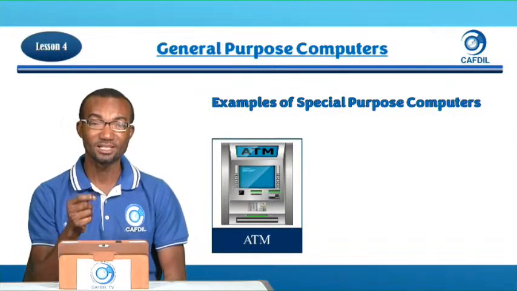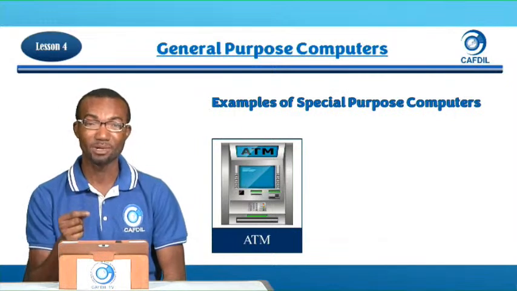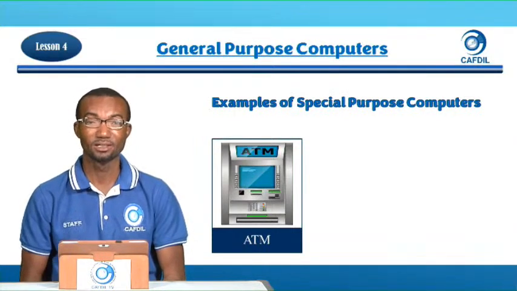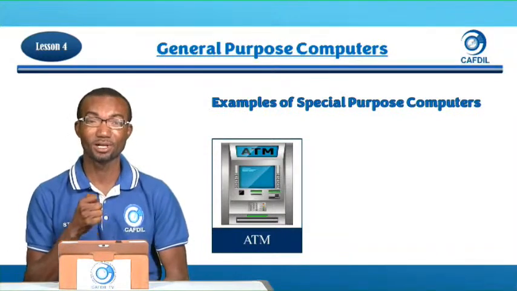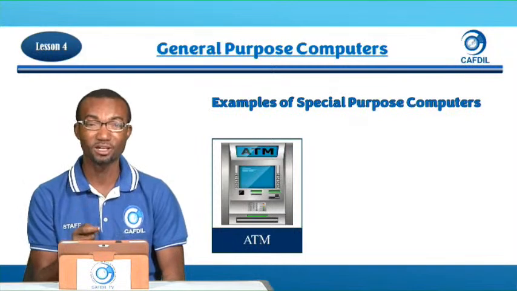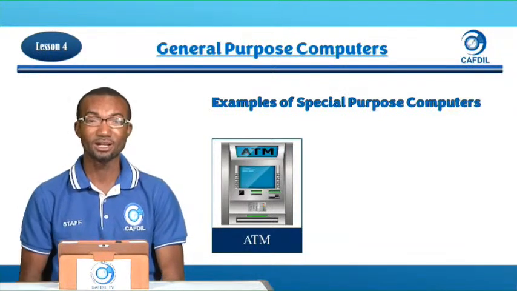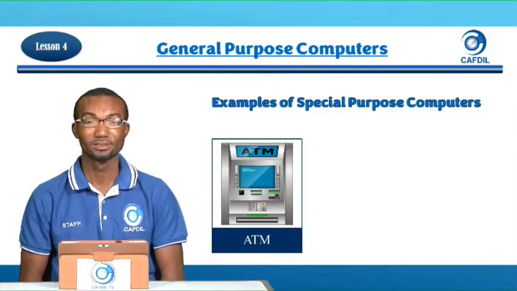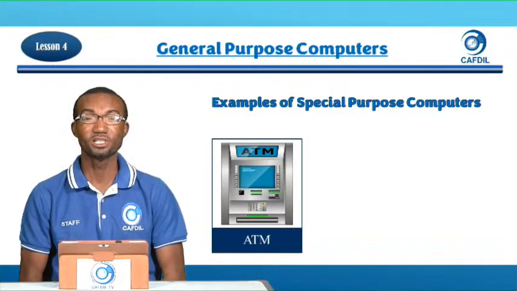Apart from using this ATM, that is automated teller machine, to receive money, there are other ATMs that you can deposit money. So apart from using this to deposit money or receiving money, it cannot be used for any other work. So ATM also falls under special purpose computers. We use it to dispense cash or deposit cash.